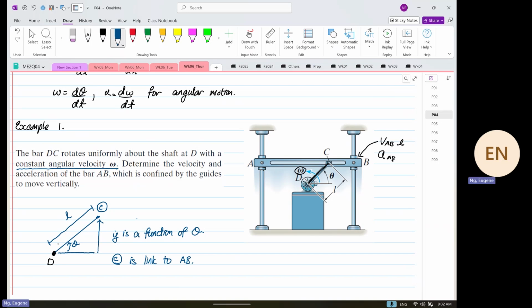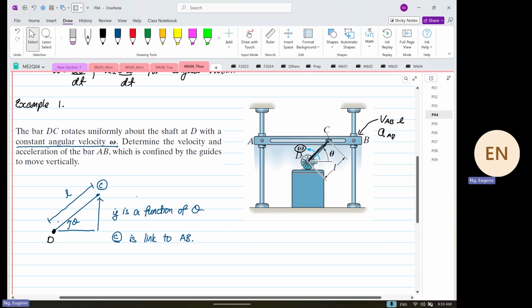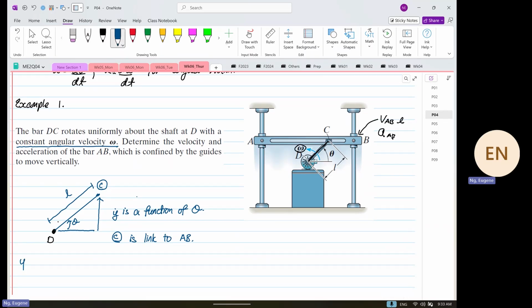C is linked to AB. So from here, we need to find what is our Y. So we are able to relate Y is equal to L sine theta.